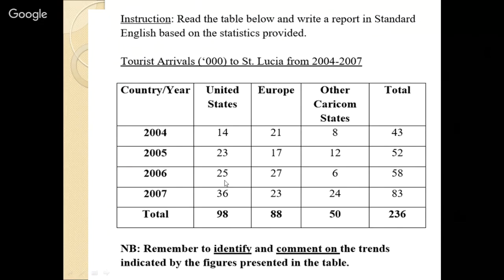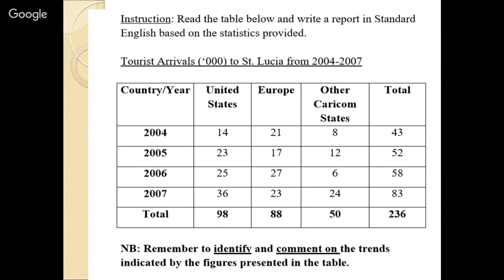And in 2006, the figure continued to go up to 25. And then finally, in 2007, the figure went up some more to what? 36. Right. So we realize that the overall trend would be one of increase, right?